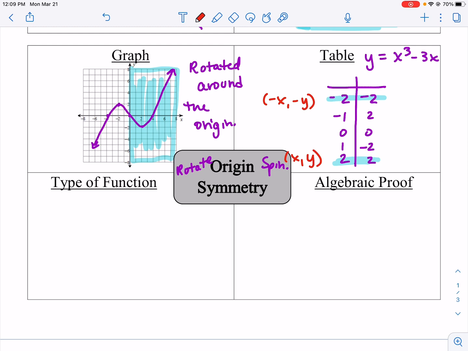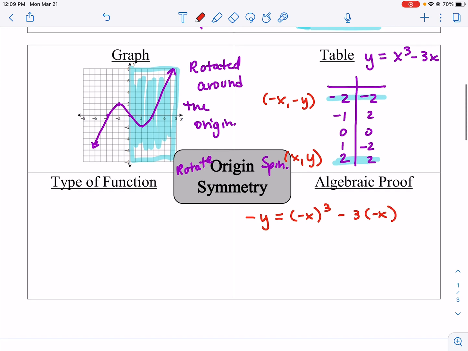So how we would do that is, one method could be that we plug in a -x and a -y and see if we get the exact same thing back. That's the algebraic proof. So instead of just plugging in a -x, we're going to make both negative. So in this case, I would have -y equals, and then -x to the third power minus 3 times a -x.